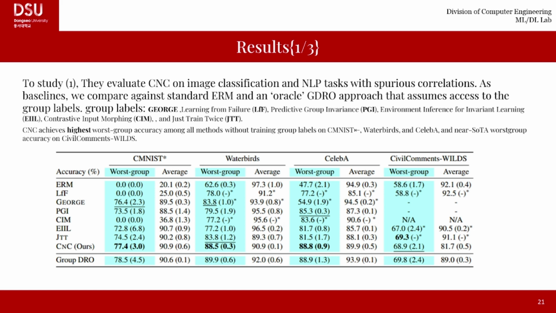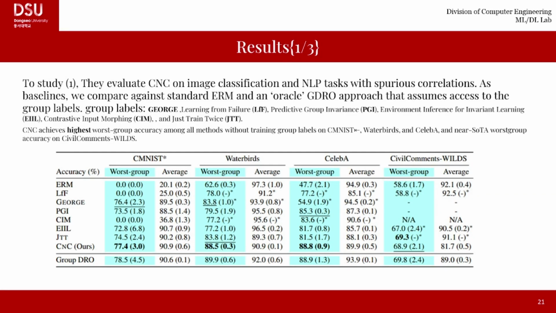I already included all the short forms, like learning from failure is LFF, and predictive group invariance, PGI. So basically, in this table, we see the different kinds of approaches, the worst group and the average accuracy. The first and second best worst group accuracy is bold and underlined.